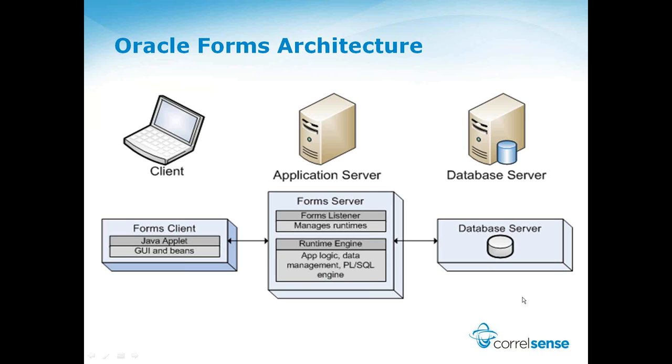Then you have the database tier, which is the database server, and it could be that there's more than one database in play. There could be DB links, which are databases connecting to each other, and there could be other systems that the same forms server calls to. So Oracle Forms has quite a complex architecture, and that's one of the challenges we'll discuss today.